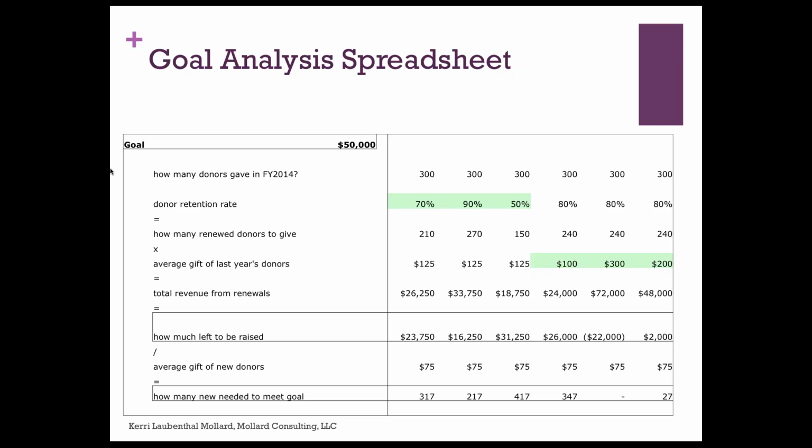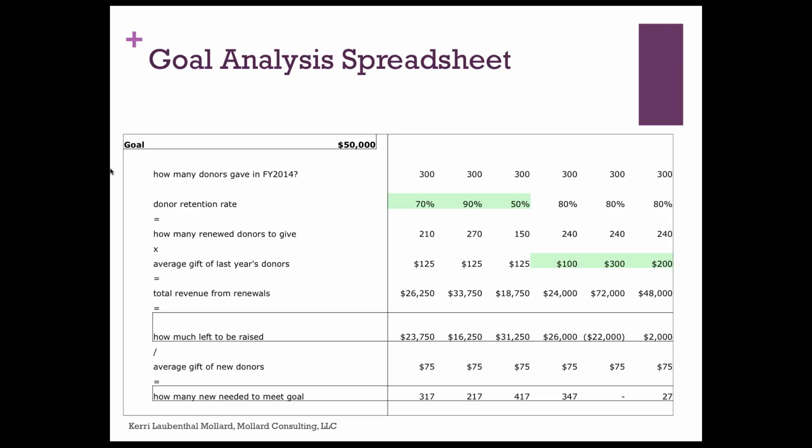And you literally just crunch the numbers. You insert a column in between, and you calculate how many donors go from FY12 to FY13, and then you do the math. Then you look at how many donors were giving in FY13 and gave again in FY14.